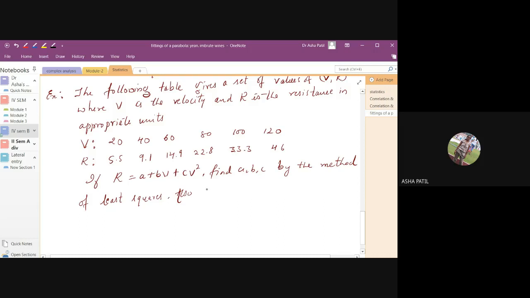Also, find the approximate value of the resistance when the velocity is 70.